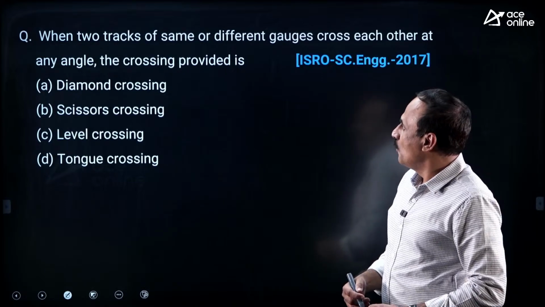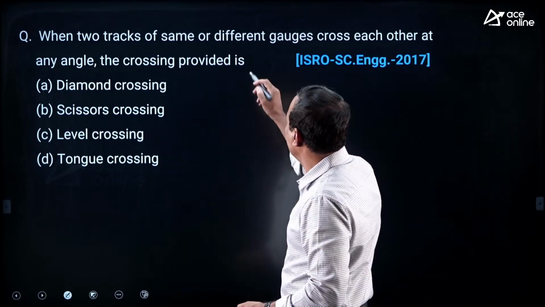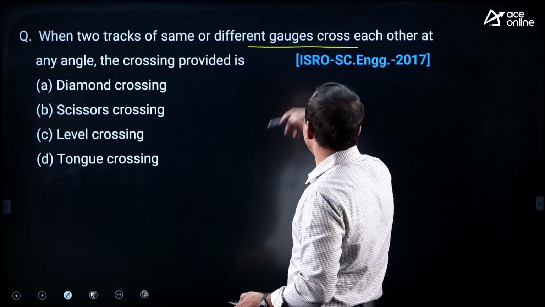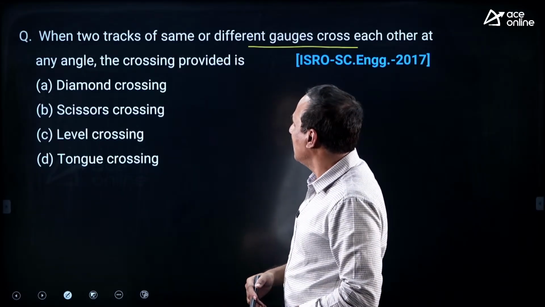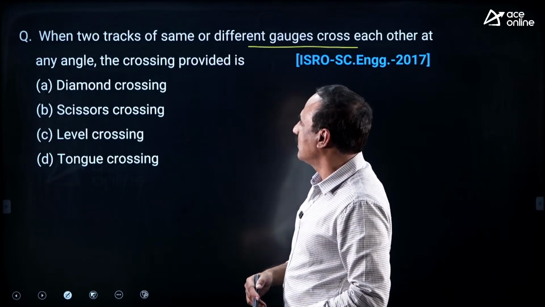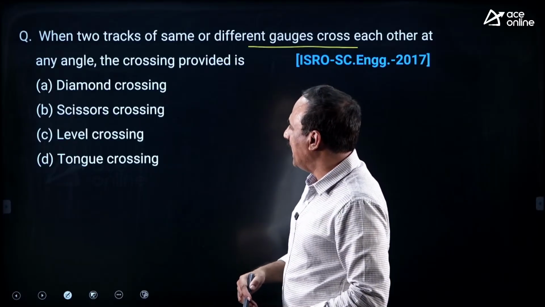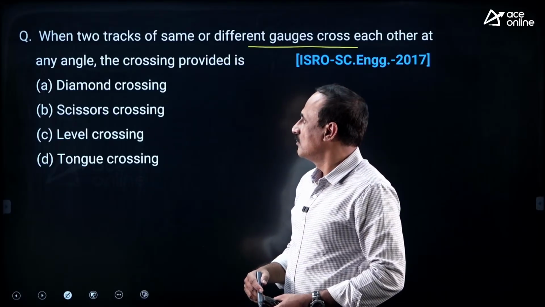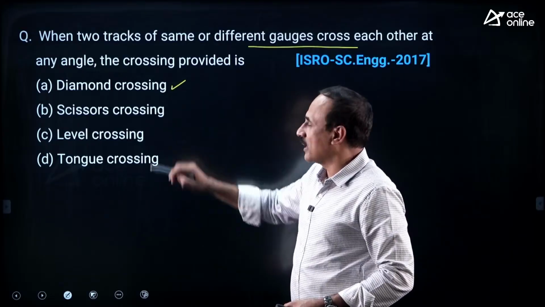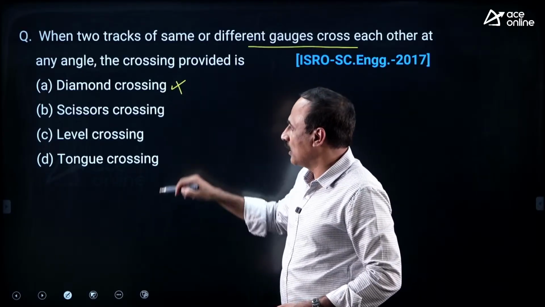Look at the question. When two tracks of same or different gauges cross each other at any angle, the crossing provided is? Diamond crossing is for 90 degrees, so this is ruled out.